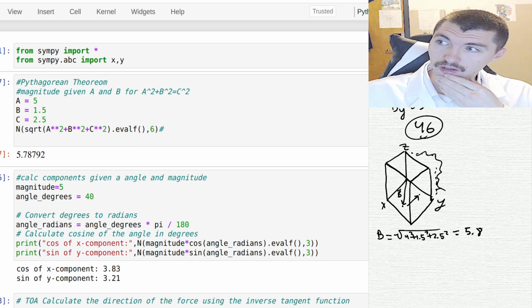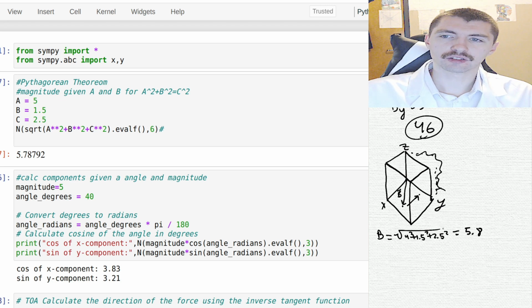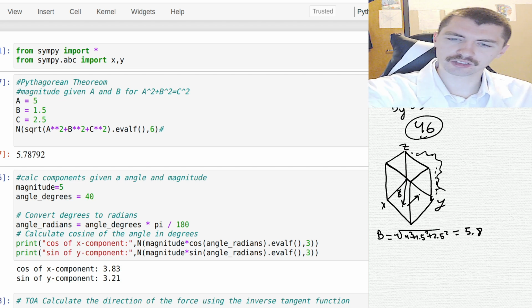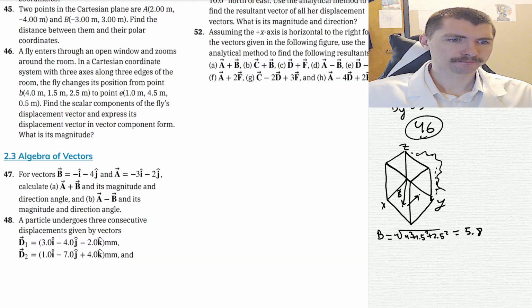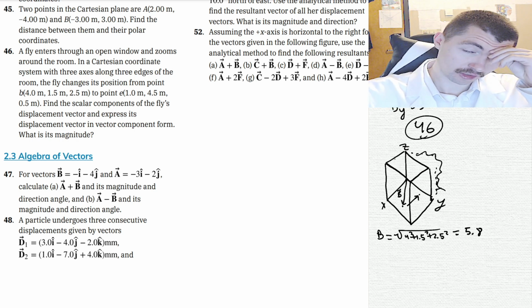Now, do we want to find the angle? Okay, displacement vector.